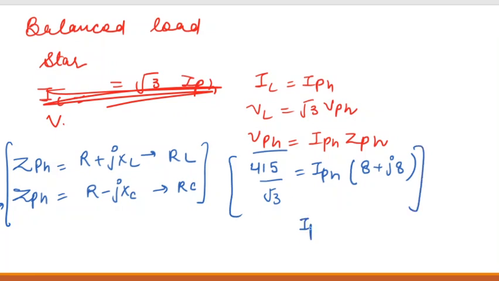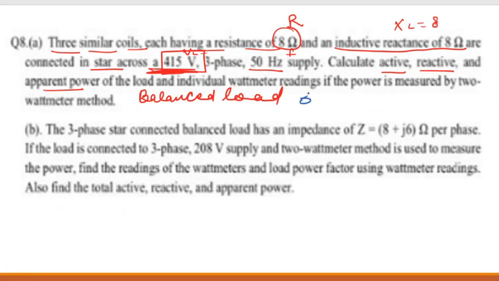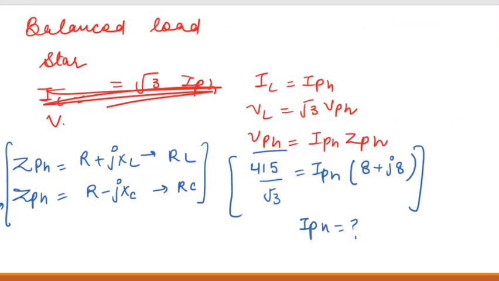Can you get the value for IPH from here? Phi is the angle between voltage and current, or we can say phi is the angle of the impedance. So if you convert this 8 plus J8 into polar form, you will get some particular angle, and that will be your phi.